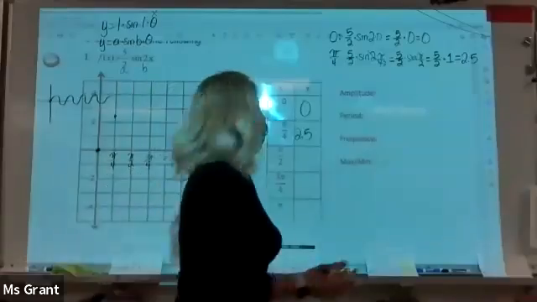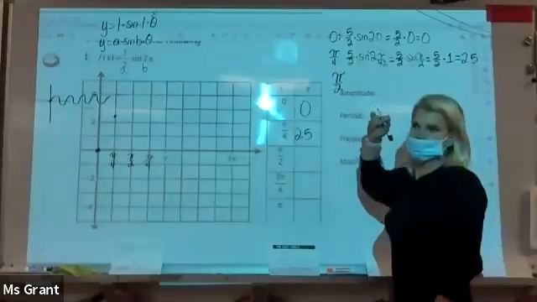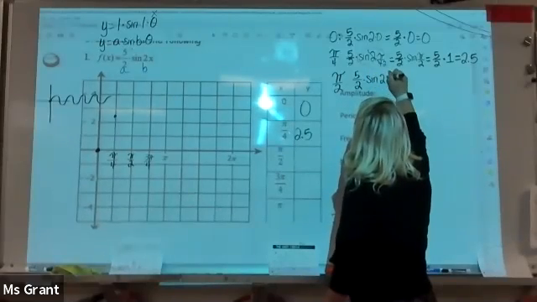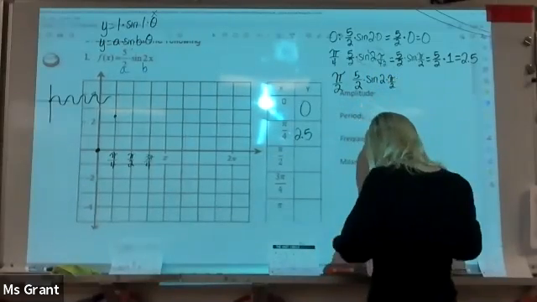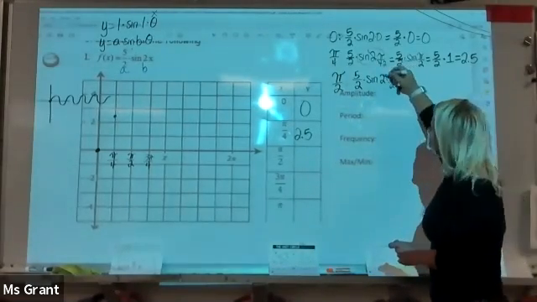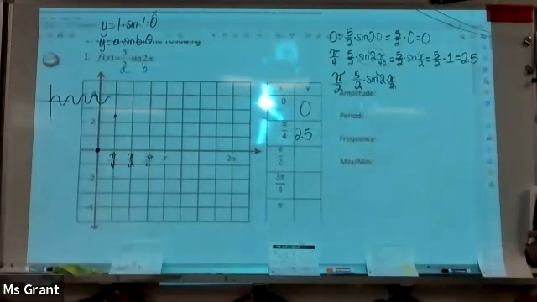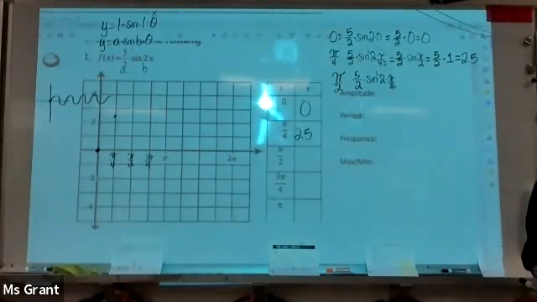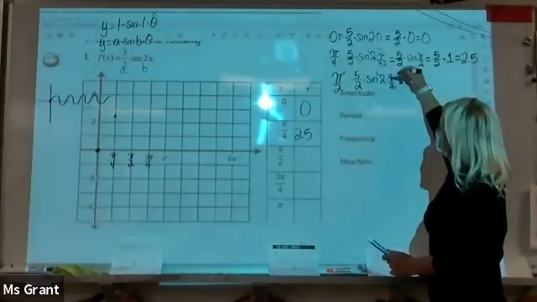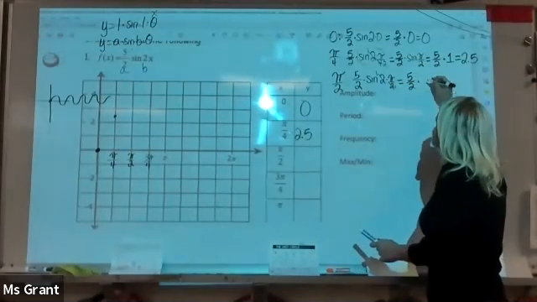Pi over 2, let's plug pi over 2 in. 5/2 times sine of 2 times pi over 2. Two times pi over 2, diagonally, I cross cancel. 5/2 times, what's sine of pi?